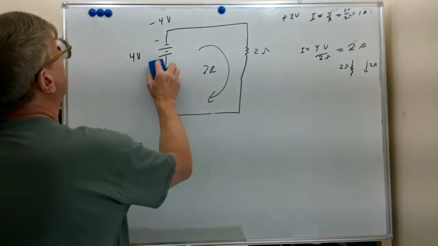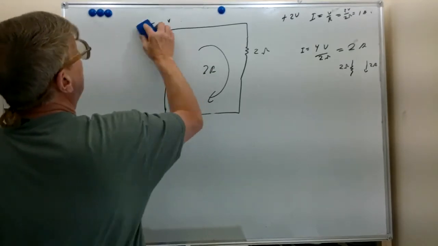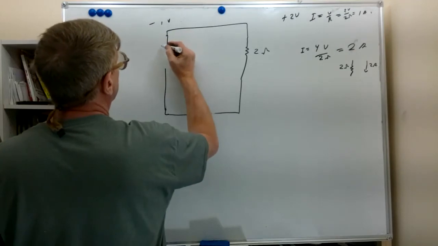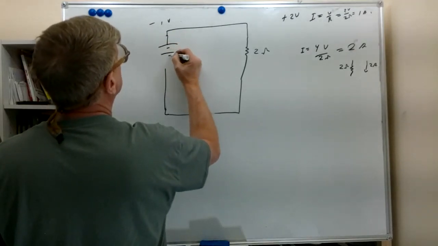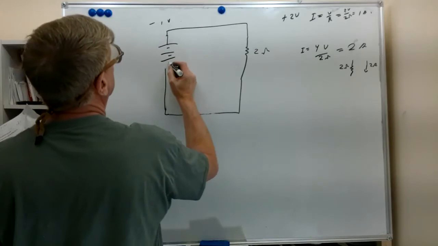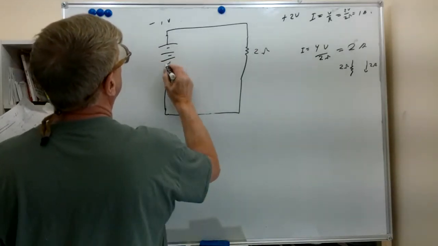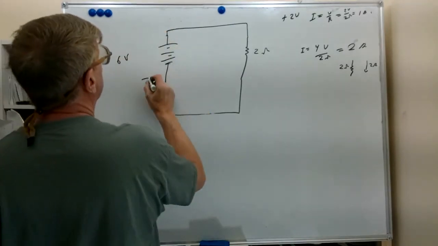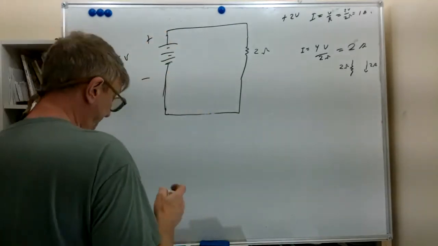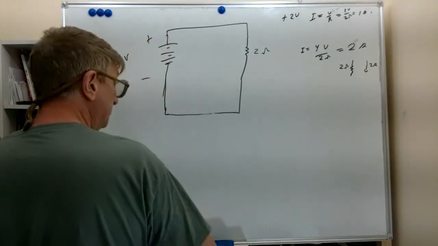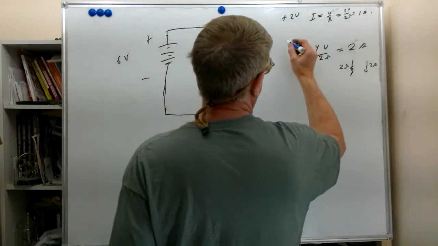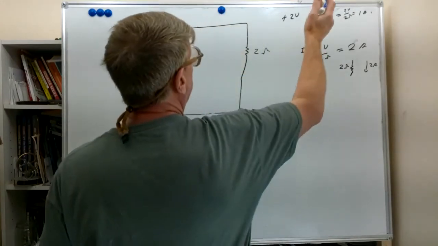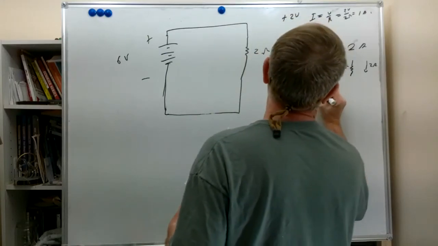Now we're going to change this over. We're going to put that 6 volt supply in there, which had opposite polarity. Six volt, negative, positive. So now again, we're going to use V over R. Our voltage is 6 volts.